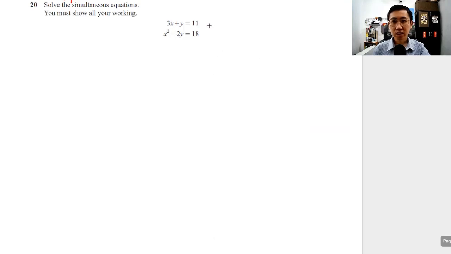Okay, so let's start. Equation 1, equation 2. So we make y the subject first from equation 1. I want you to play smart, right? This one is power of 2, this one power of 1. Of course, make y the subject. So 3x plus y equals 11. y equals 11 minus 3x. So we form a new equation. Let's call this equation number 3.